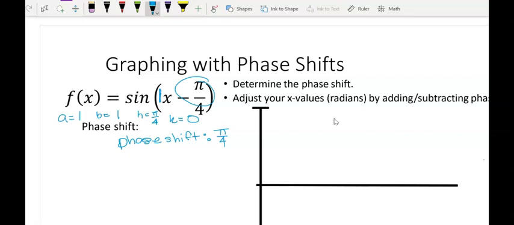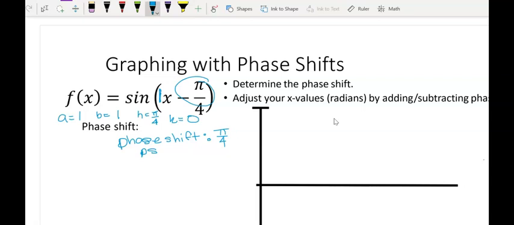I'm taking the whole graph and shifting it to the right pi over 4. I'm also going to abbreviate phase shift as PS. Anytime you see PS written, that's what that is.